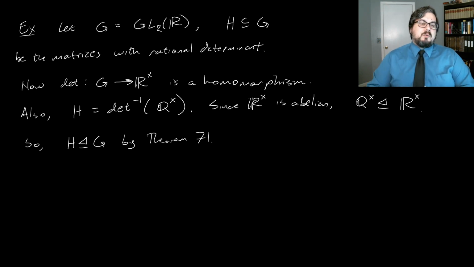All right, so what about a normal subgroup? If I have a normal subgroup, is it always the preimage of a normal subgroup in some other group? Or more specifically, is it always the kernel of some homomorphism? And the answer to that is yes.